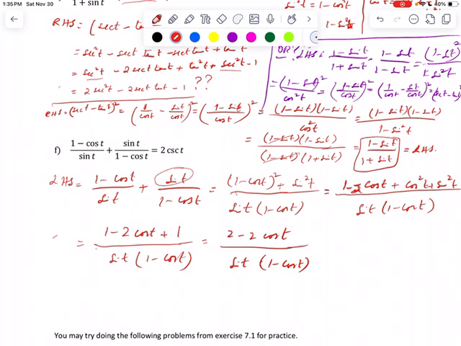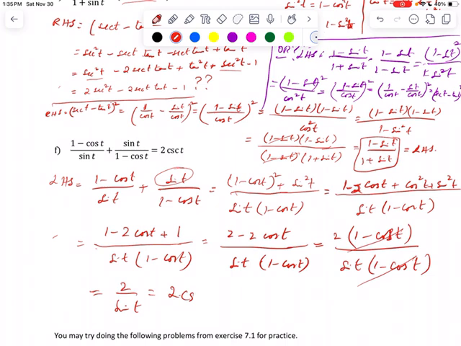So now you can factor out the 2 from the top, so you get 2 times 1 minus cosine t, and at the bottom still sine of t times 1 minus cosine of t. So now you can cancel this factor with that factor, so you are left with 2 over sine of t, or 2 times cosecant of t, which is what you had to prove. So this is equal to the right hand side.